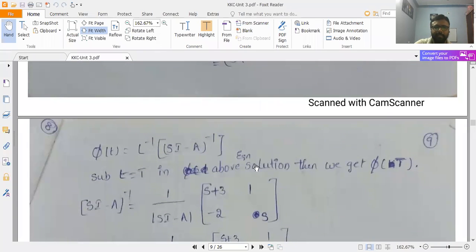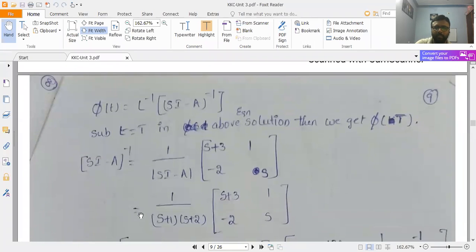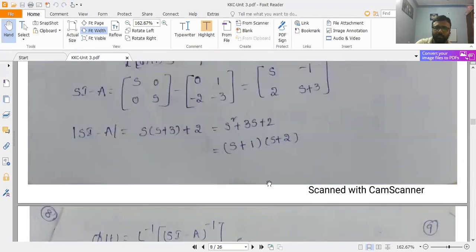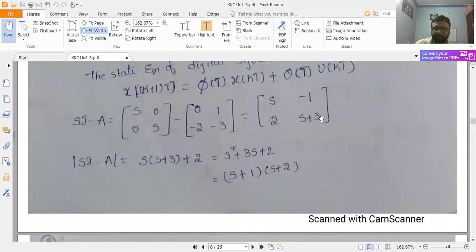Therefore, the state transition matrix can be taken as the Laplace inverse of sI minus A whole inverse. Therefore, sI minus A whole inverse is going to be taken as 1 divided by the modulus of sI minus A, into the matrix with S plus 3 and S. That means these two values are going to be interchanged.